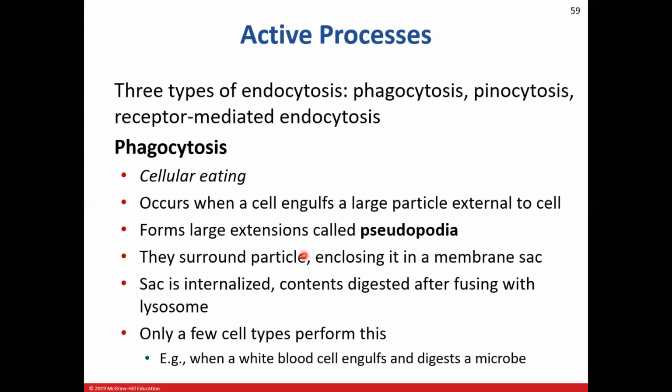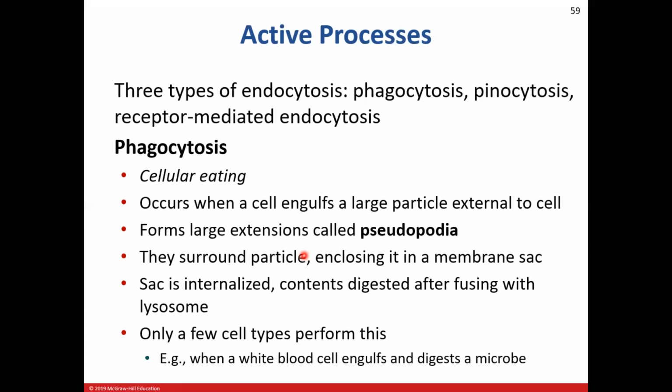The sac is then pulled into the cell, it's internalized, and the contents are digested after that new vesicle fuses with a lysosome. I know we haven't talked a lot about different parts of the cell yet, but one of the components of a cell is a lysosome, and these lysosomes contain enzymes that help to digest certain substances.